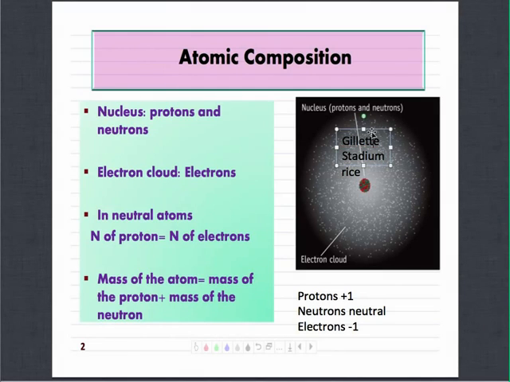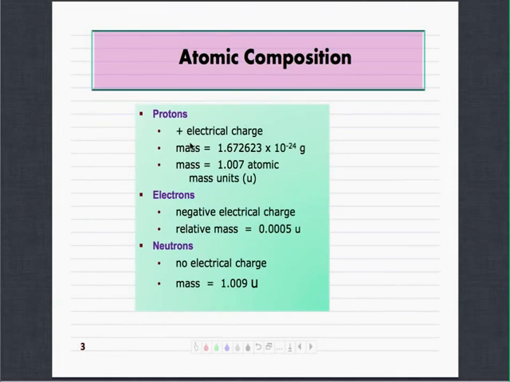Now, the protons usually are positively charged, and their mass is 1.672623 times 10 to the minus 24 grams. That's a very, very tiny mass. And usually we represent it as 1.007 atomic mass unit.